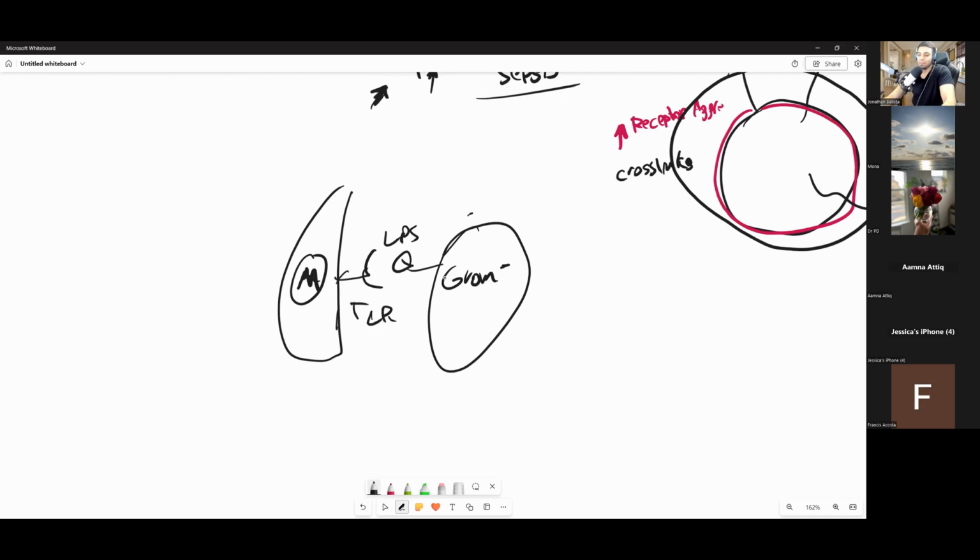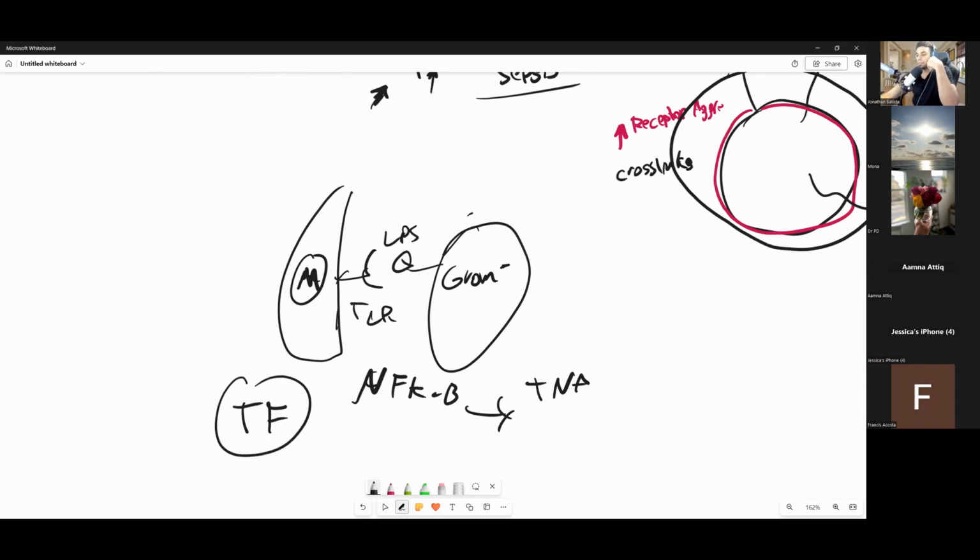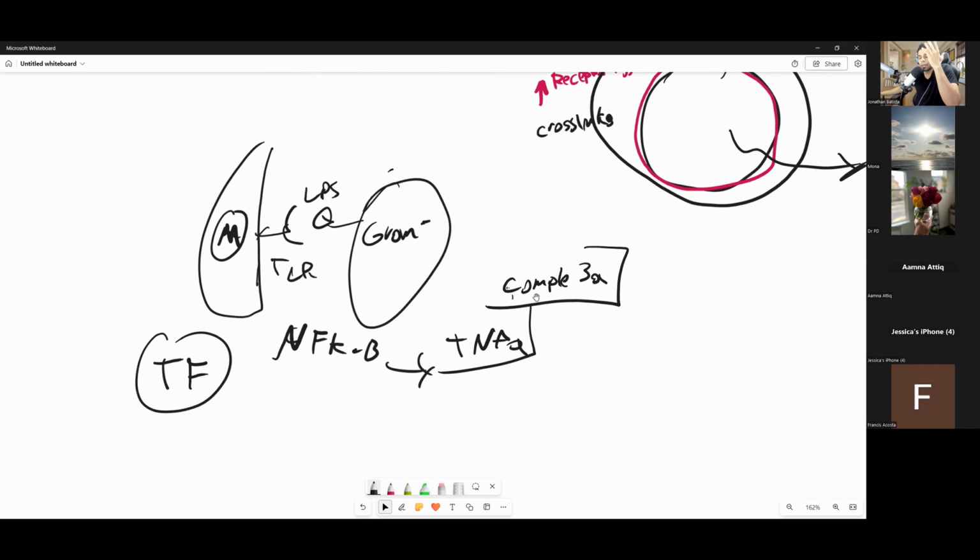When these two things meet up, they release NF-kappa B. Remember that NF-kappa B will release a bunch of cytokines, like tumor necrosis factor alpha, and pro-inflammatory proteins as well, like tissue factor and activation of complement. These things will lead to anaphylaxis. I'm sorry, not anaphylaxis, sepsis.